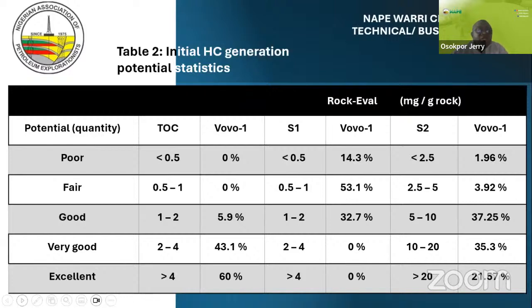This table displays the range we have for this well, with their quality from poor to excellent. This well has from good to excellent. And then we look at the Rock-Eval parameters, the S1 and S2 values, distributed in percentage here. Next slide.